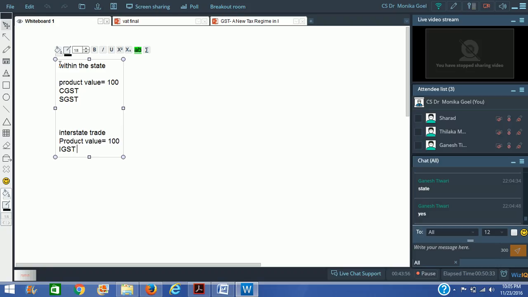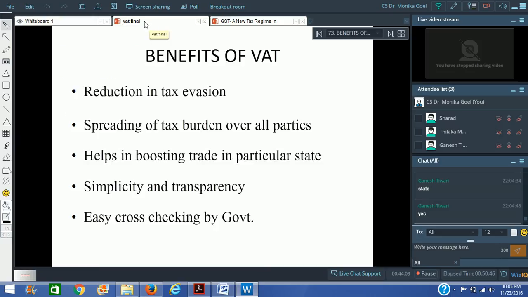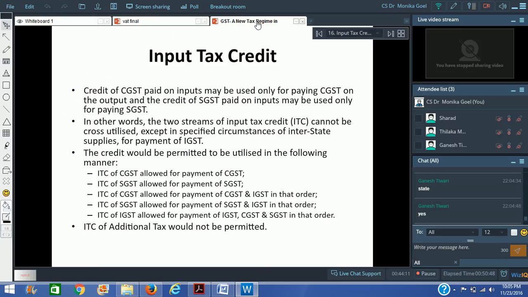And if I'm selling in interstate trade, then if my product value is rupees 100, I'm going to levy IGST, which is CGST plus SGST plus and also 1%. Okay, ji?